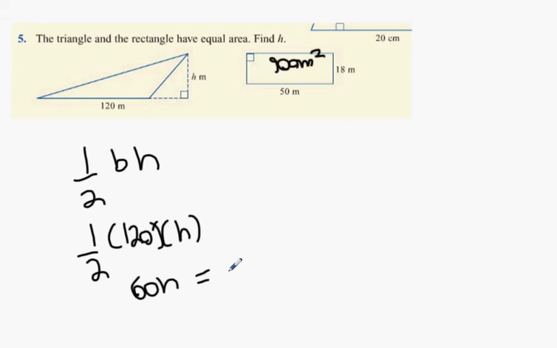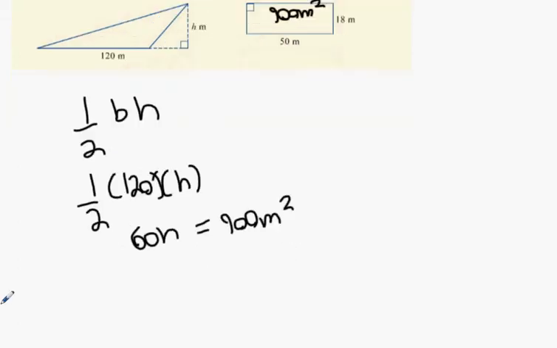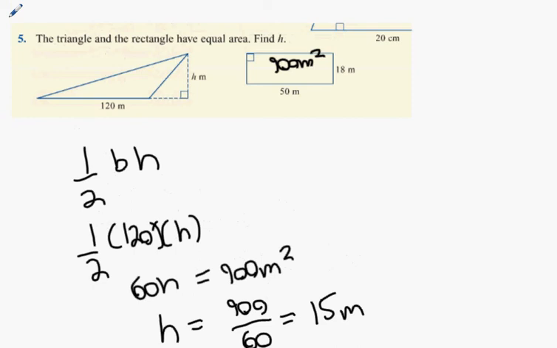So 60h equals 900 meters squared. So what is the h? h equals 15 meters. Everybody right with that? Okay.